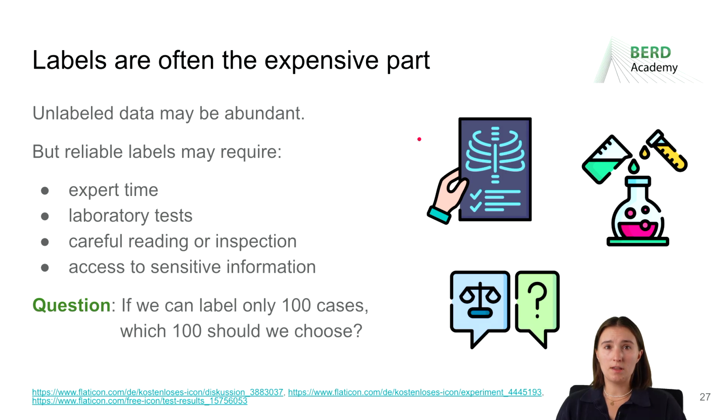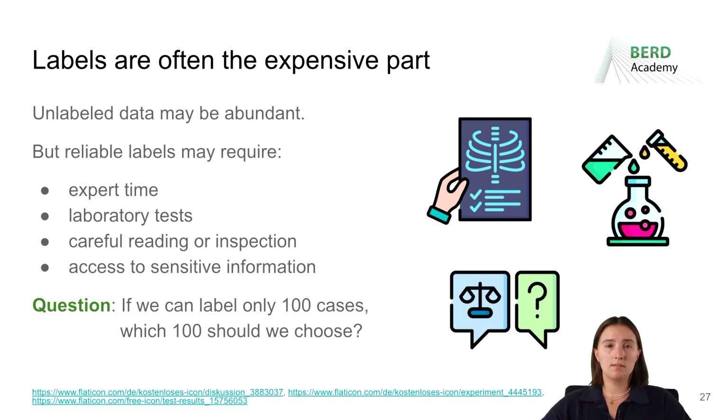Maybe we could, in theory, do tons of experiments or laboratory tests, but we don't have the time to do so, or we don't know where to start. Sometimes labels require careful reading or inspection. Maybe we need an expert to label the data, or we need access to sensitive information. All that leads to the result that labeling can be very expensive, both money-wise and also time-wise.